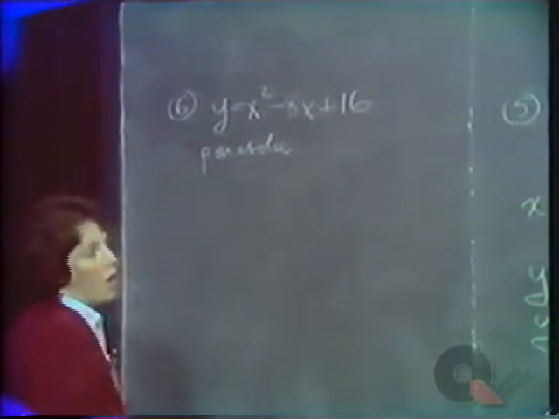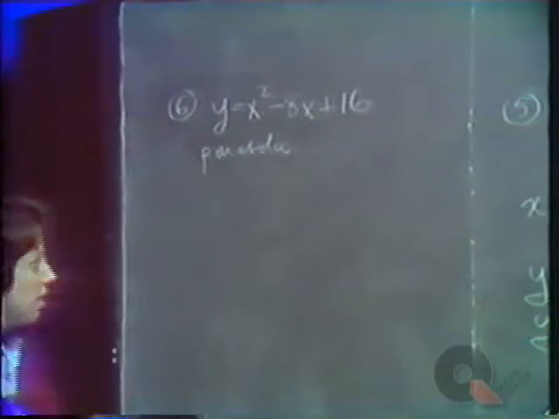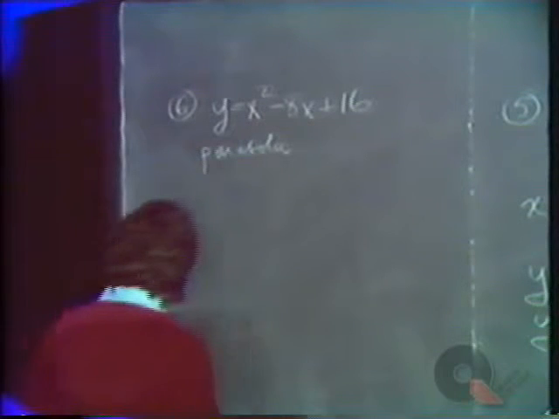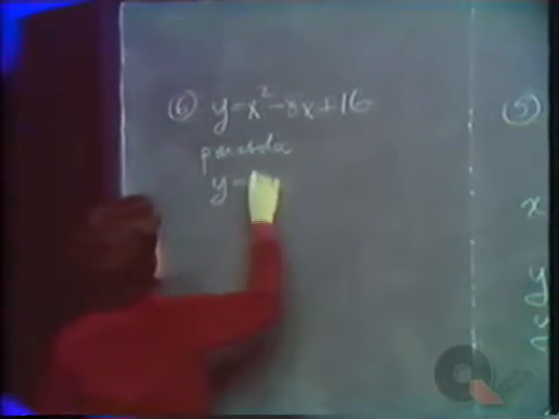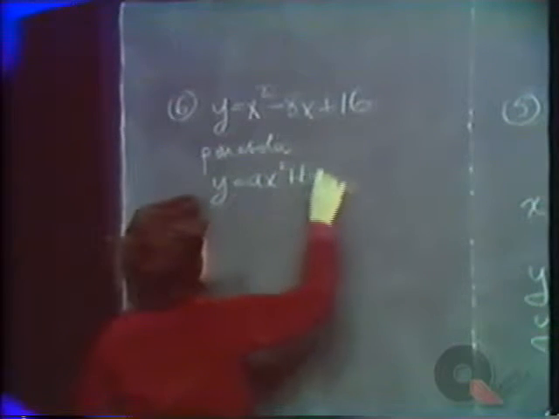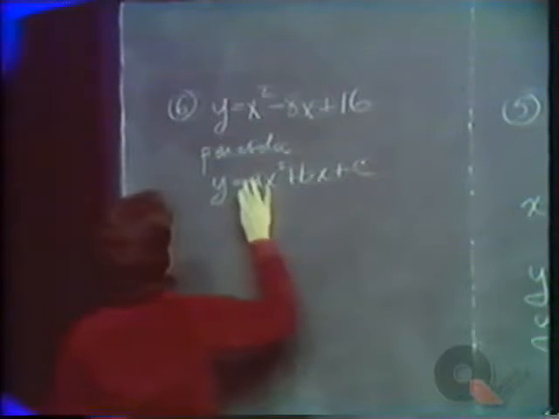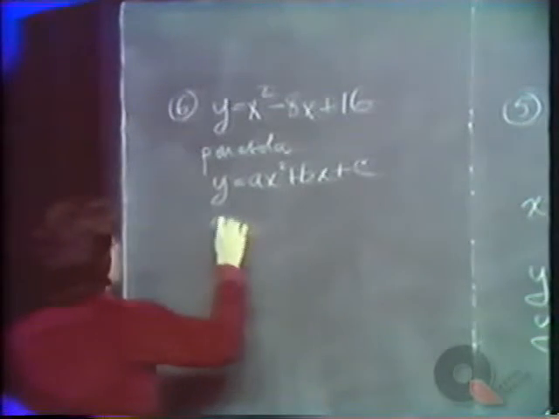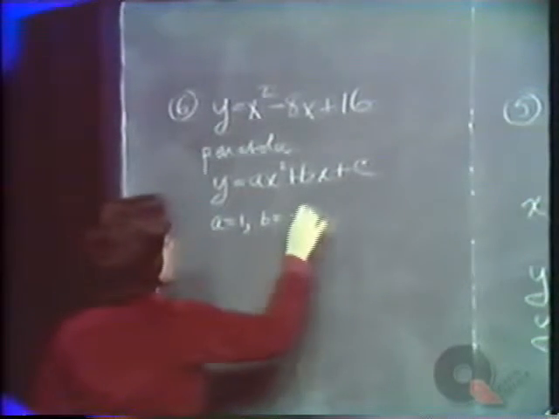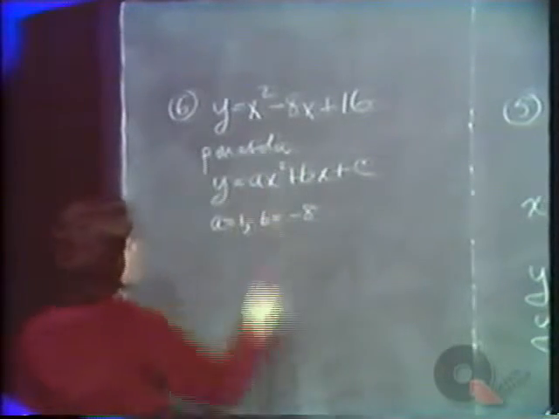When x is squared and y is not, or y is squared and x is not, we have a parabola like this. It's already in the form y equals ax squared plus bx plus c, so we'll be able to determine the vertex directly. A, of course, is 1, and b is minus 8.